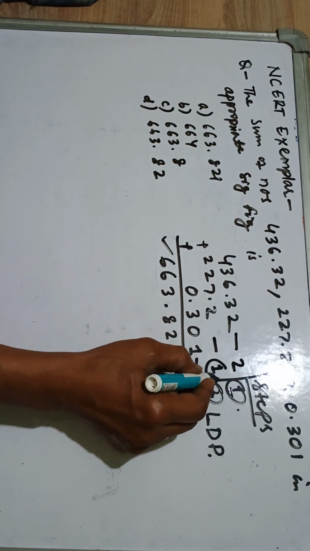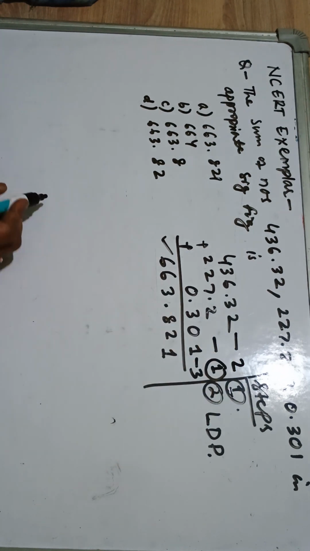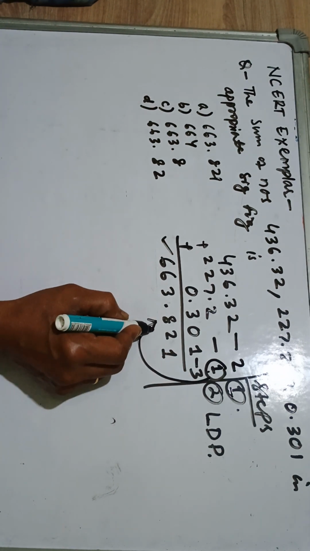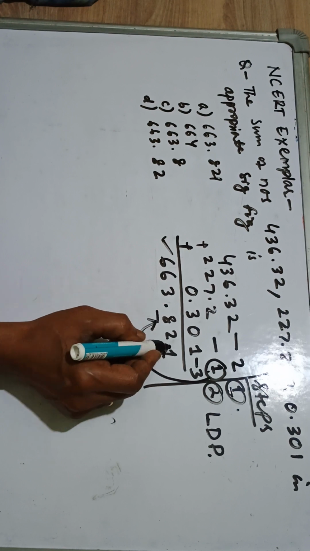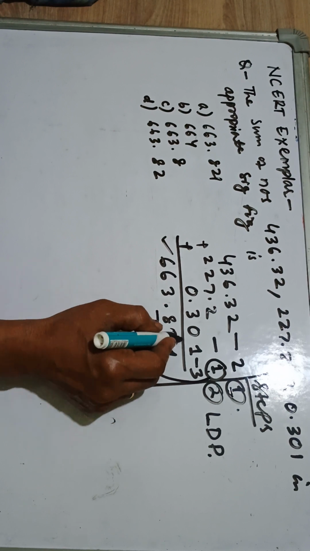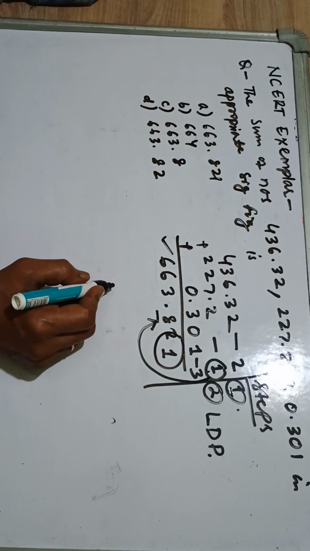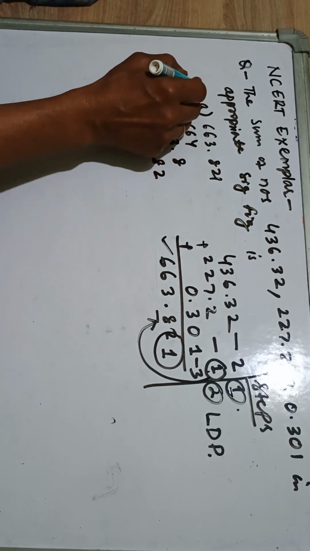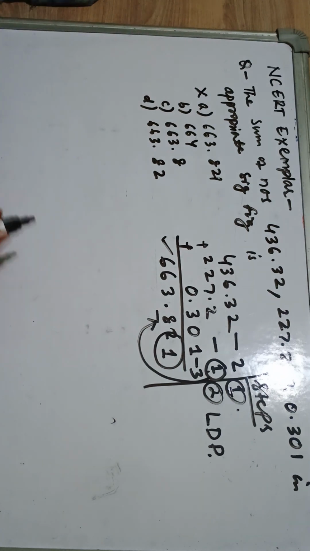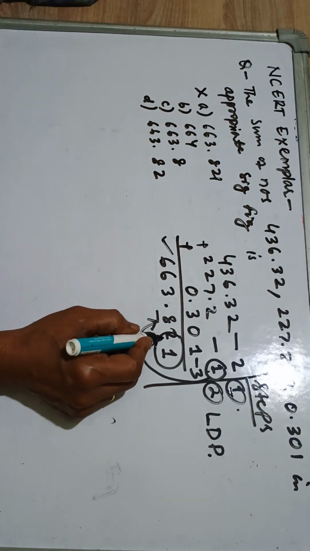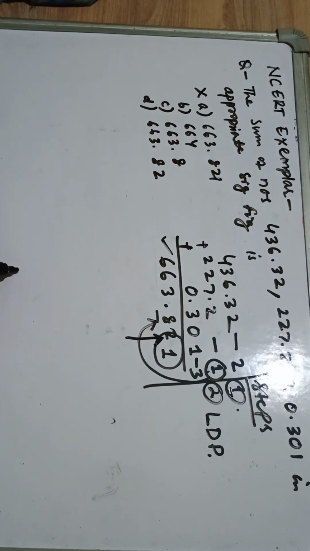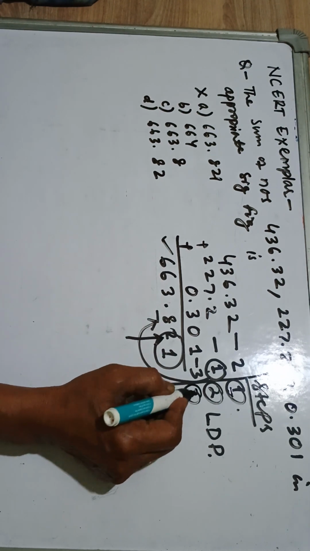This is the lowest decimal place, and this decimal place 1 is to be applied here. This will remain, the rest will be dropped. That means option A is not the correct answer. Now we have to round off before getting the final one.